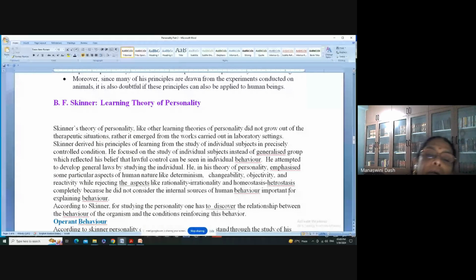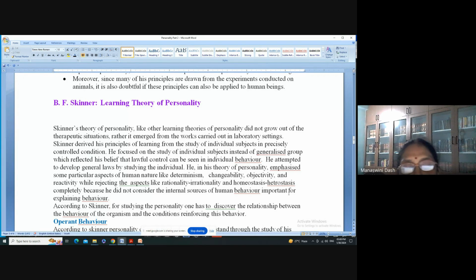Rather, Skinner's theory emerged from experiments carried out in laboratory settings. Skinner derived his principles of learning from the study of individual subjects in precisely controlled laboratory conditions.